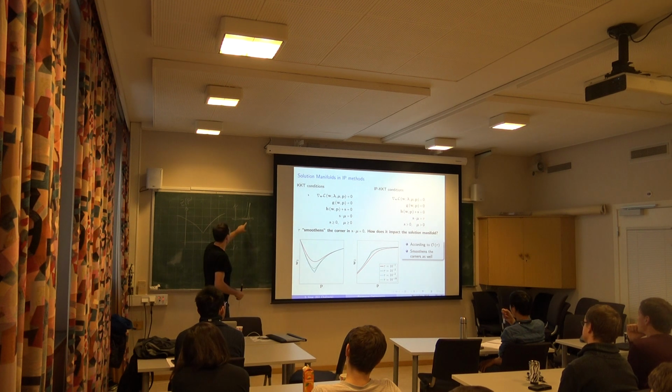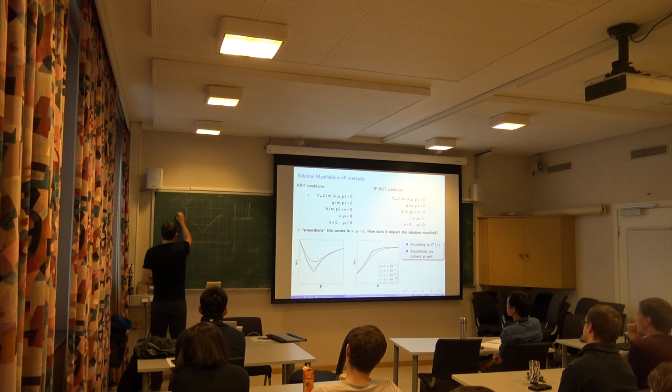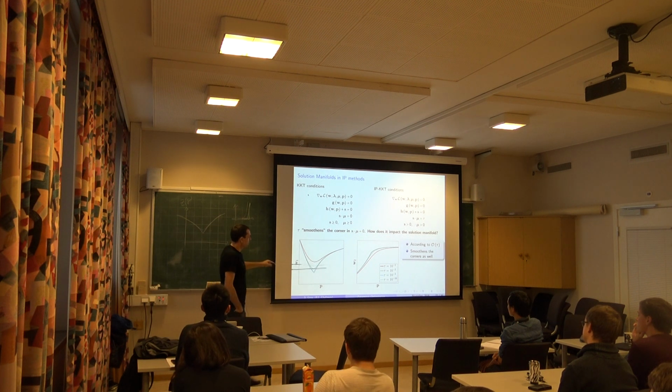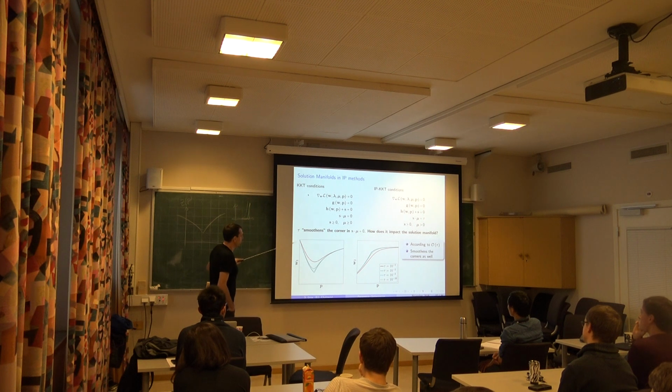So the fact that we smooth the corner here in the KKT conditions also means that we smooth the corner here in the solution manifold. The larger the tau, the more off you are with respect to the solution manifold, and the more smooth you are. Okay with that?